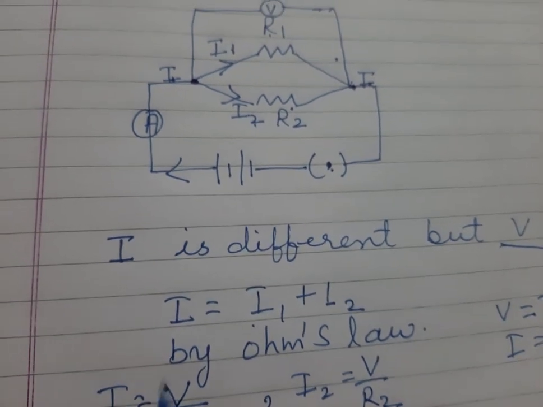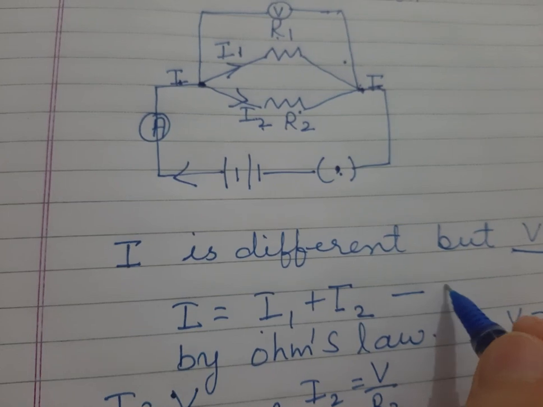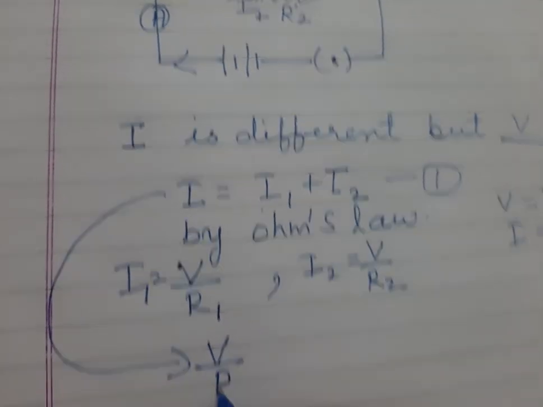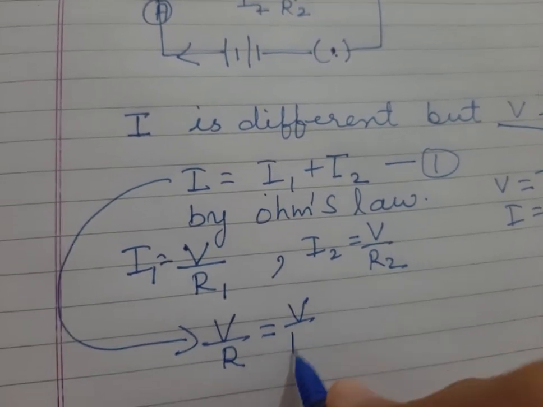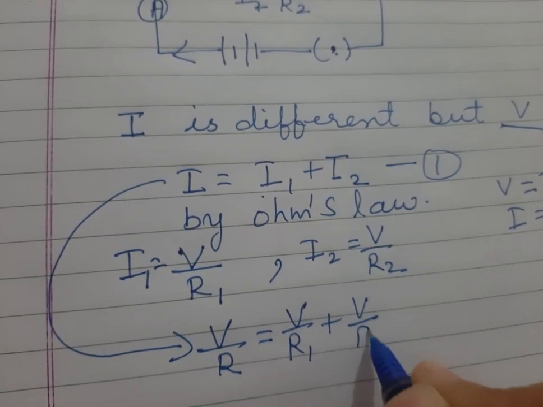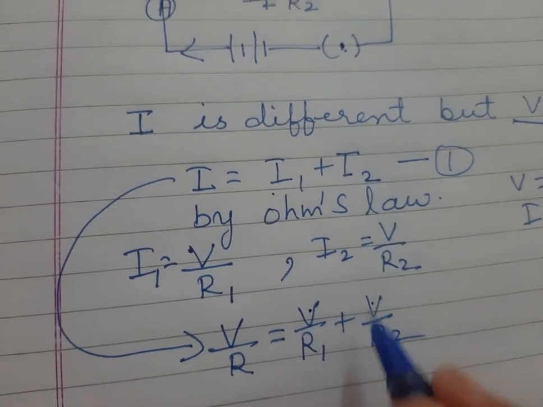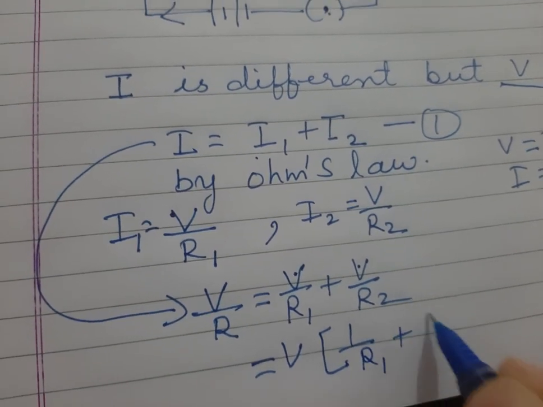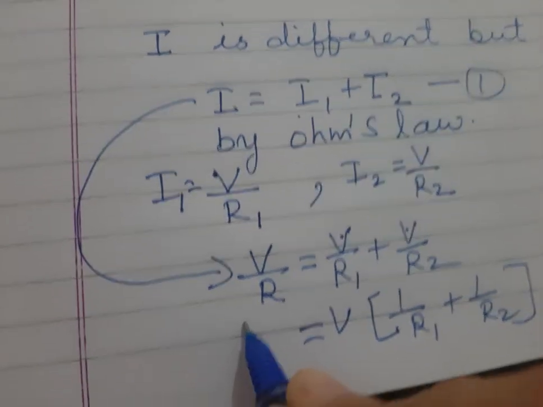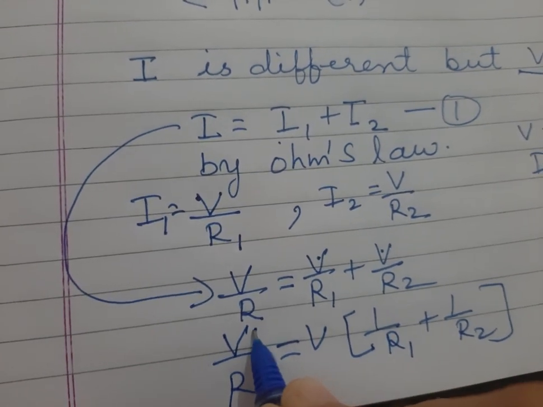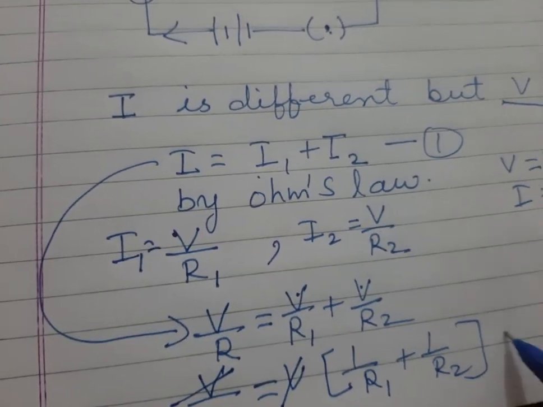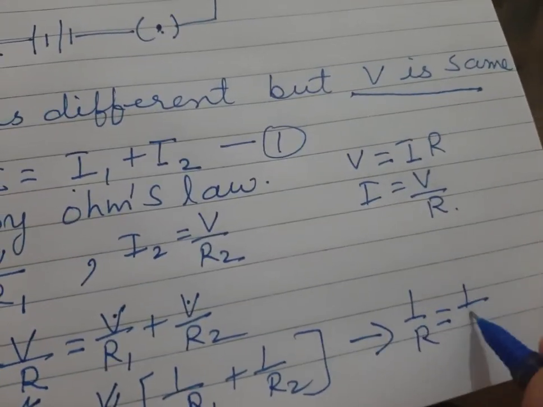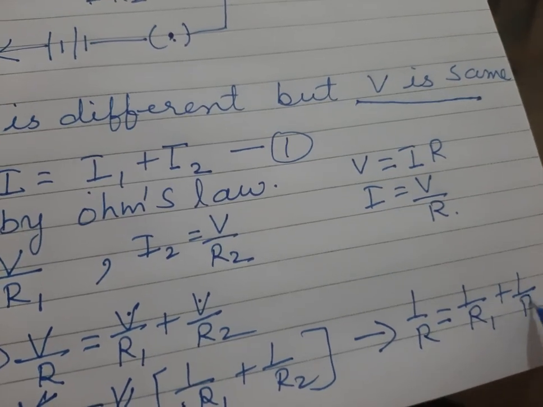So by substituting these values in this equation, what will we obtain? V upon R is equal to V upon R1 plus V upon R2. Now this V is common, so V times 1 upon R1 plus 1 upon R2, and here V upon R. By cancelling this V with V, what will we obtain? 1 by R is equal to 1 by R1 plus 1 by R2.